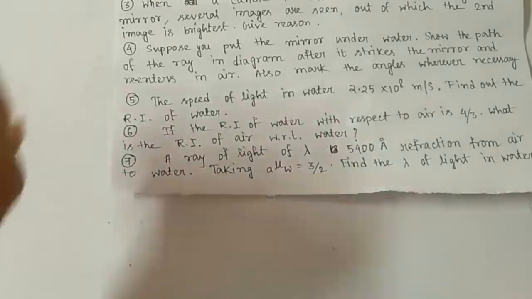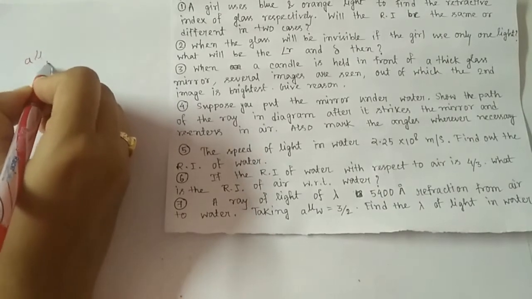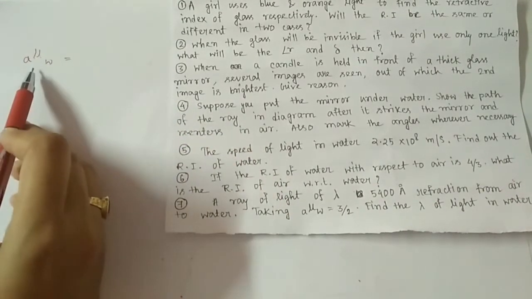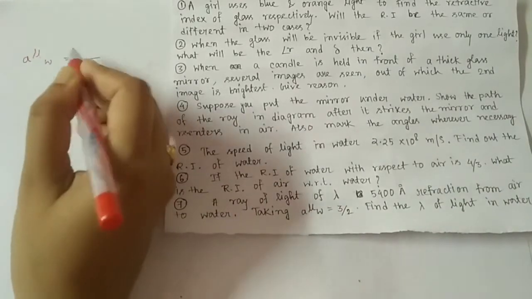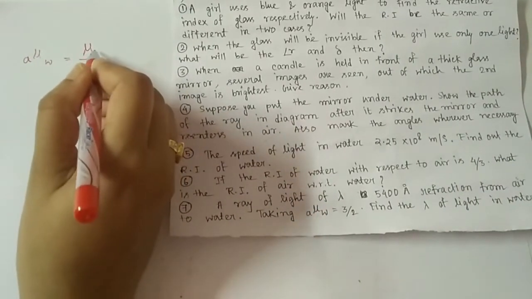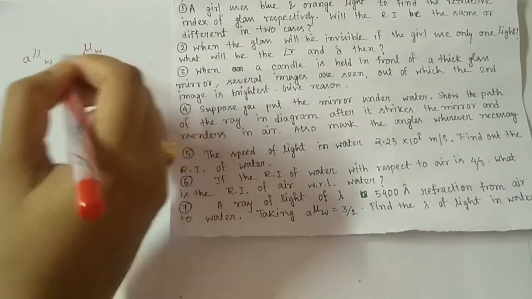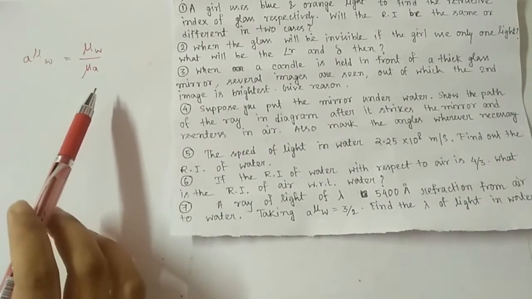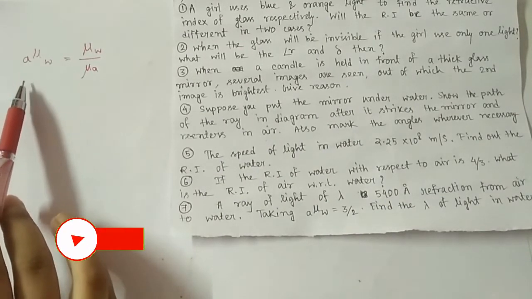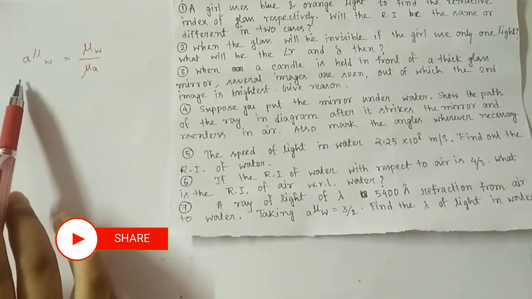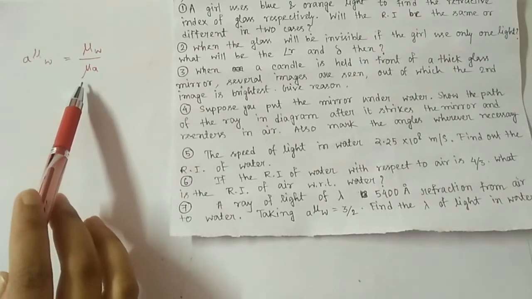Now we all know we can write this as aμw, that is the refractive index of water with respect to air, which can be written as μw by μa. I have already told you that with respect to which we determine the refractive index of any medium, the first medium, the former medium, will be at the denominator.